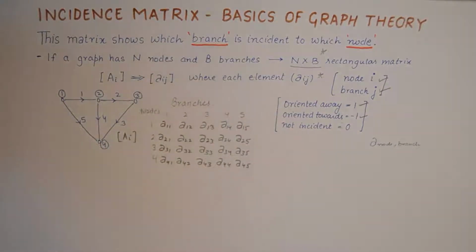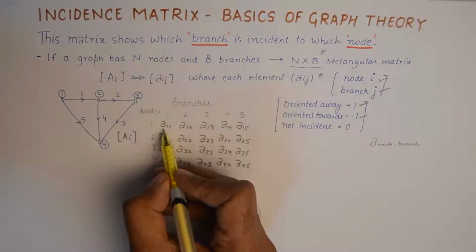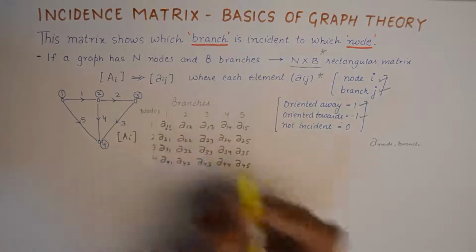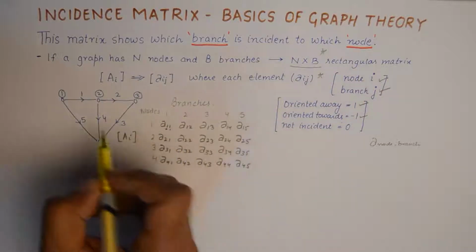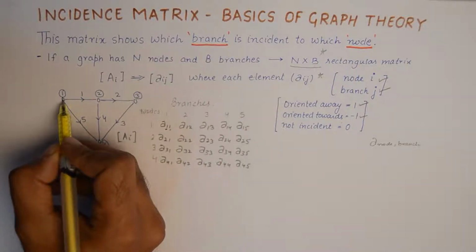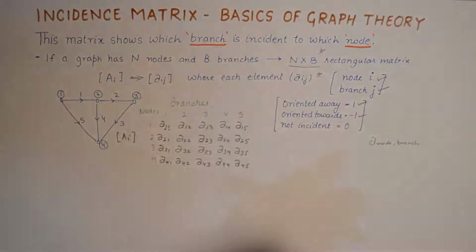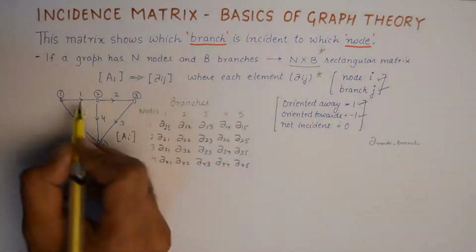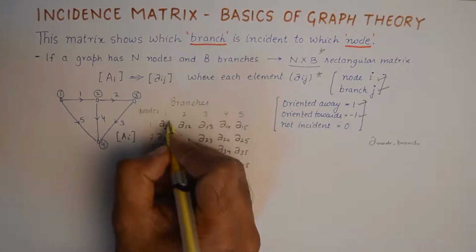Now once the elements are written in the matrix, we'll start inspecting them. For example, a_11. Let's talk about node 1 and branch 1. The first thing is, is branch 1 incident to node 1? Yes, it is. So branch 1 is connected to node 1, but is it moving away or going towards? It is moving away, so we'll put a 1 here.